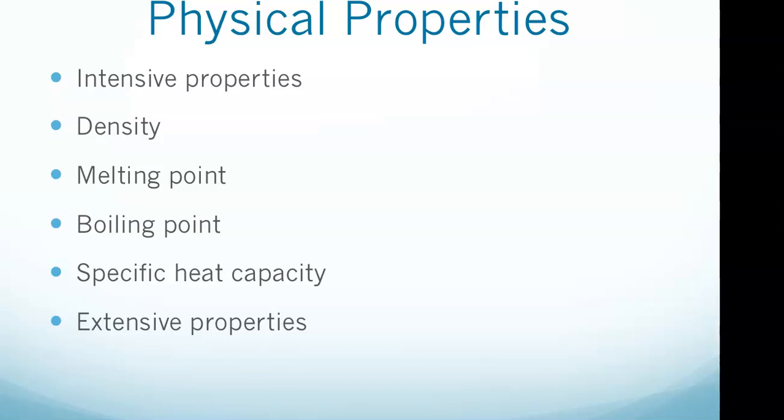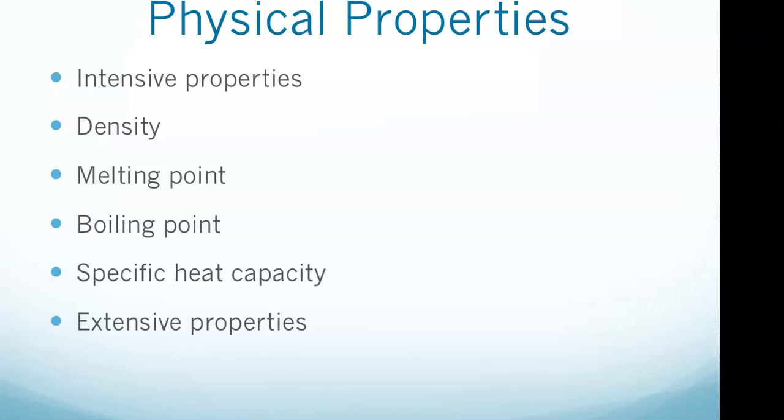Physical properties that do not depend on the amount of a substance are intensive properties. Make sure we heard that, because intensive properties tend to show up. A really common example of an intensive property is density, where the formula for density is mass divided by volume.